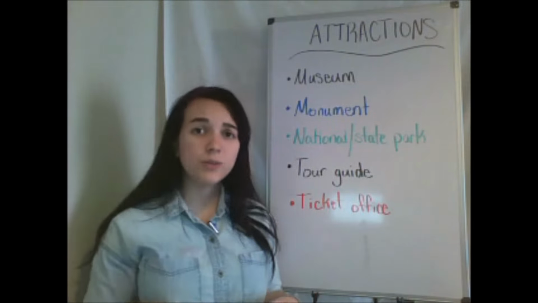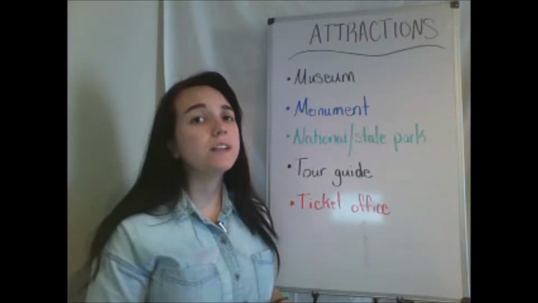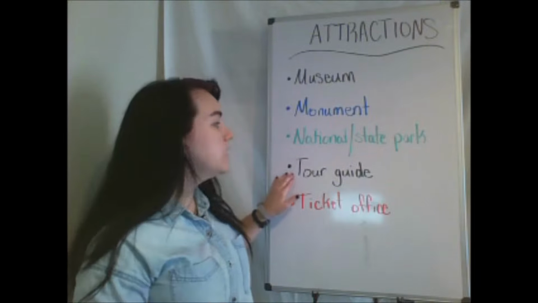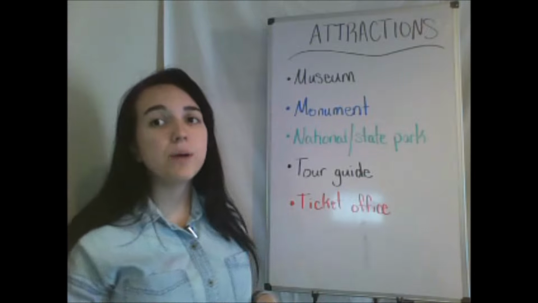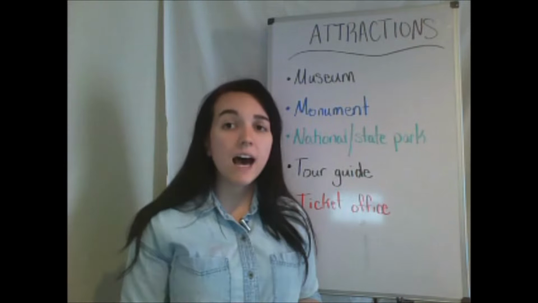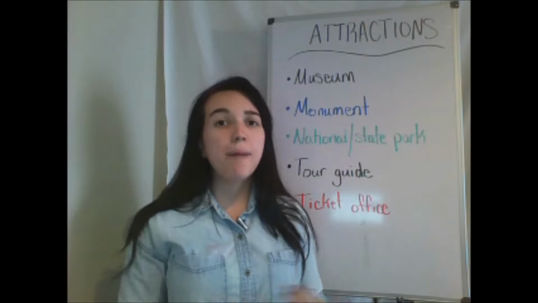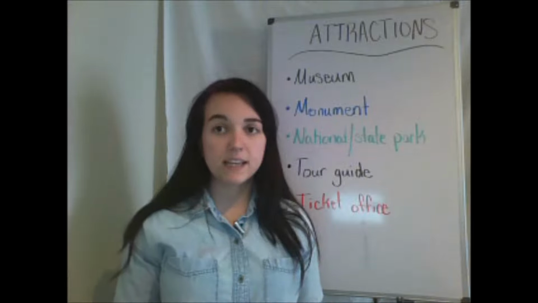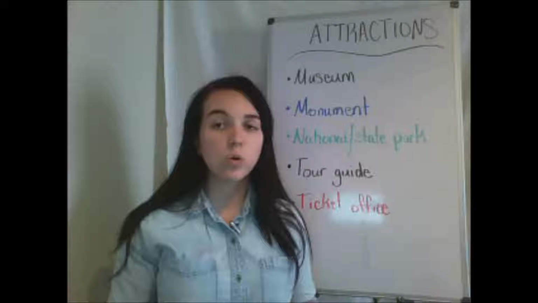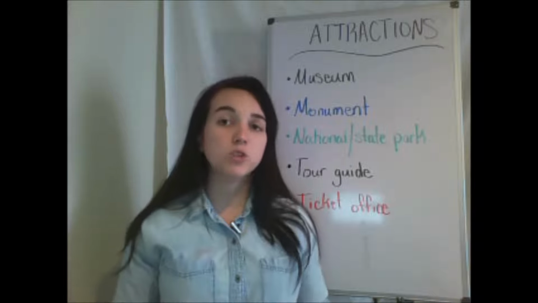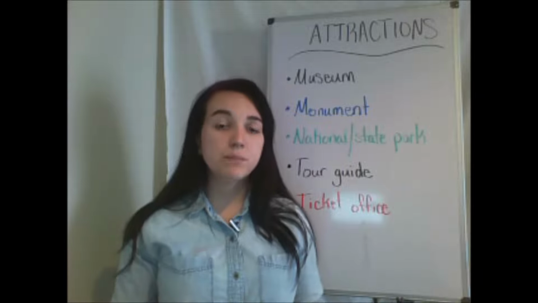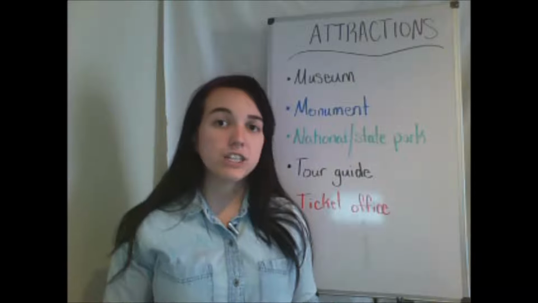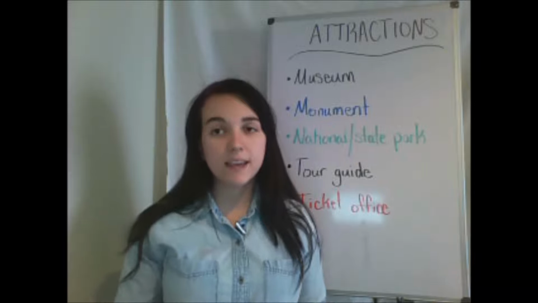Now, someone who is really important when you're traveling is a tour guide. And this is a person who will give you a lot of information about what you're seeing. So most places that you go, you can get a tour guide, or you might have a tour guide, and they will explain information about what you see.